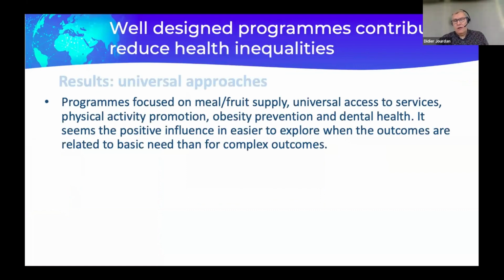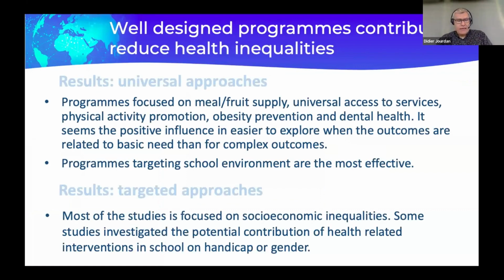This is based on the review that we made within the UNESCO Chair, and that shows that universal approaches, meaning approaches that target all the kids in school, and also targeted approaches that are more focused on children and young people in vulnerable situations, both of them are clearly efficient and effective. It is absolutely critical to remind everyone that health education and health promotion in schools works.